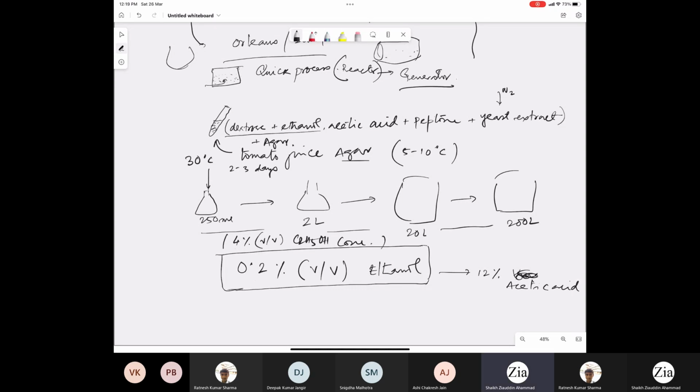So vinegar will have acetic acid, and along with acetic acid we have water and also some organic constituents which will come out from the reactor system to the vinegar, and that will also give a different kind of flavor or taste.